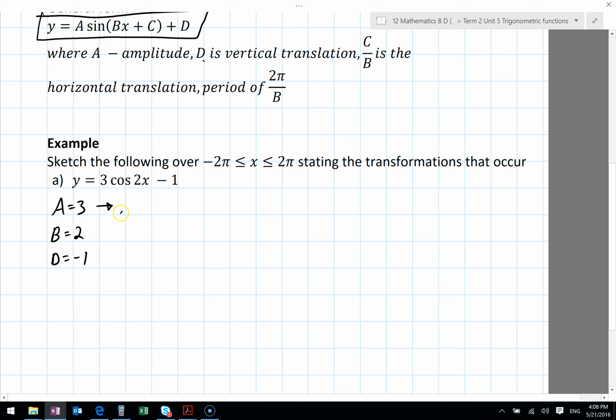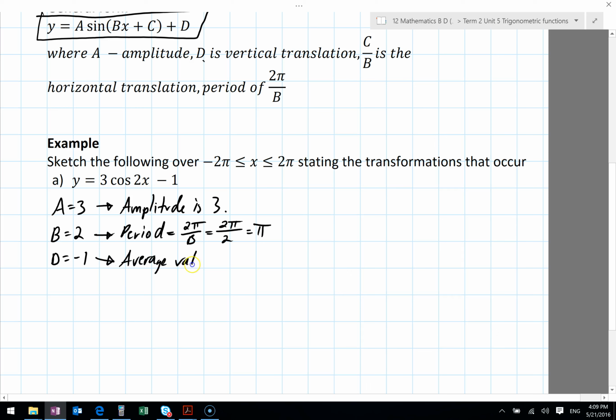So a equals 3 implies the amplitude is 3. B equals 2 implies the period is 2 pi on b, also known as 2 pi on 2, so the period is just going to be pi radians. And d equals -1 means that the average value will be -1.